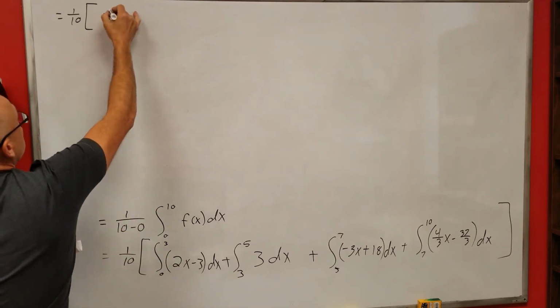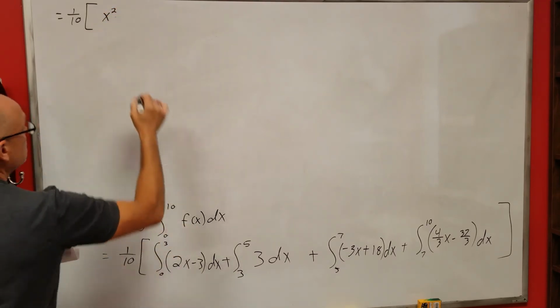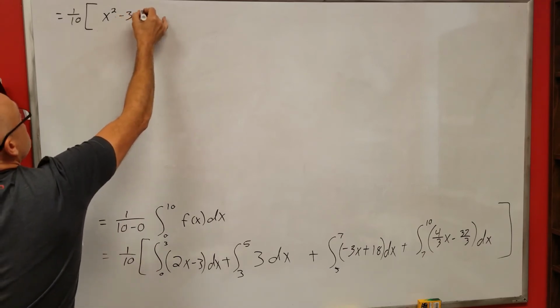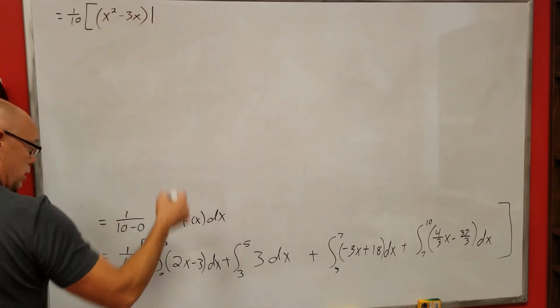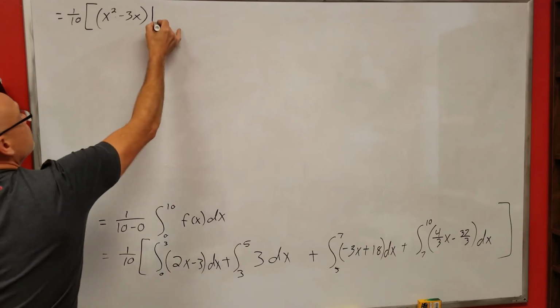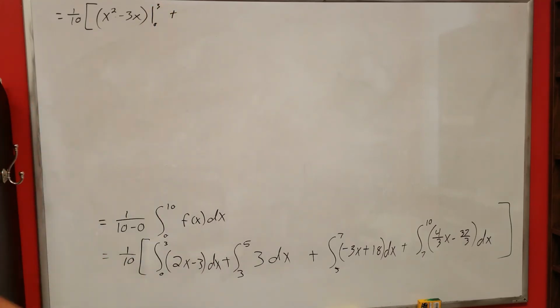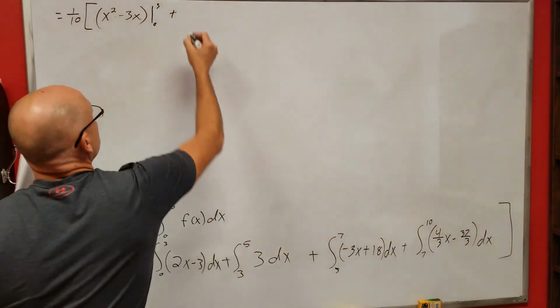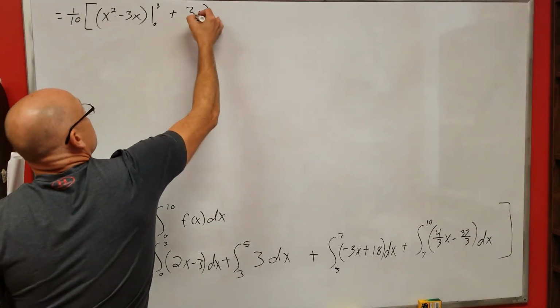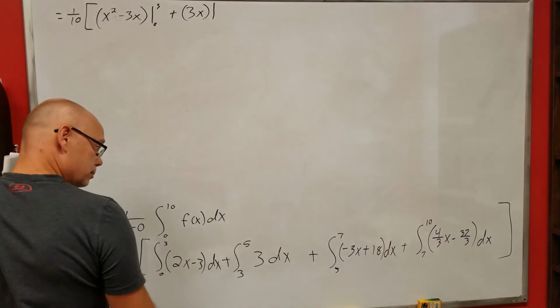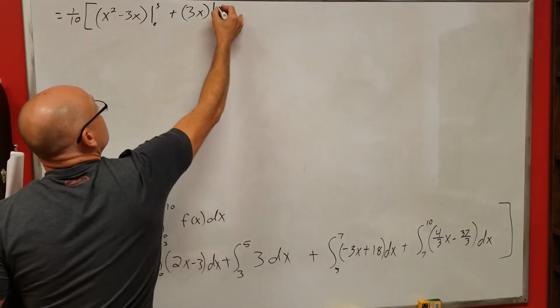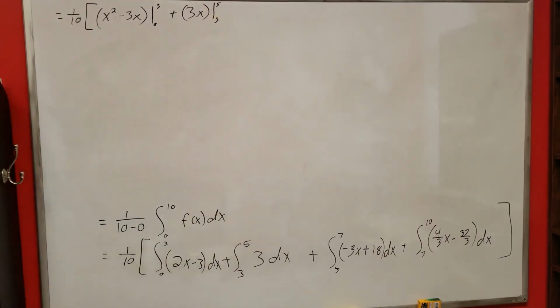That's what? x squared minus 3x, and we're going to evaluate that one from what to what? 0 to 3, plus the antiderivative of 3 is just 3x. We're going to evaluate that from what to what? 3 to 5. Can I see this top portion on my video? Yeah, okay.